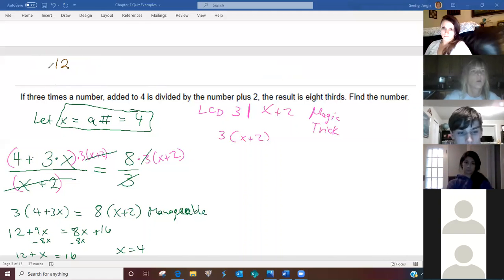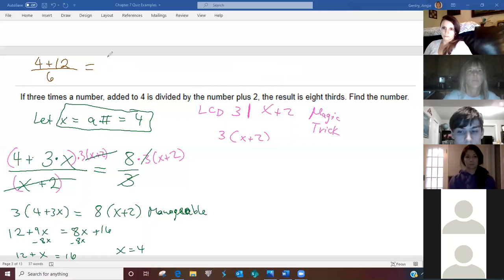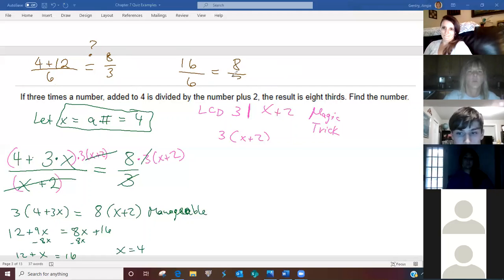Added to 4 is divided by the number plus 2. The number is 4, so 4 plus 2 is 6. Does that equal 8/3? Question mark. So 16/6 equals 8/3. You see, it's really easy to check it. Divide by 2, divide by 2.